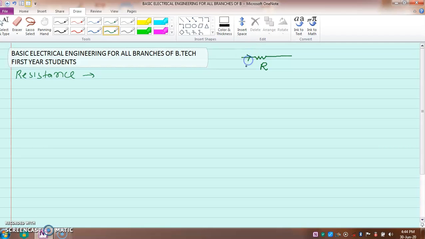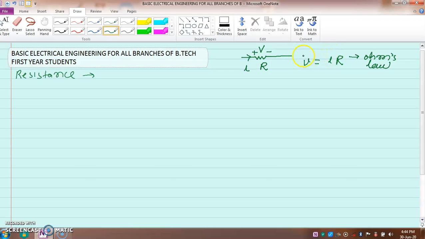Suppose current I is flowing here, with positive and negative terminals and voltage V. So this relation, V equal to I into R, is also called Ohm's law. We have to take its application.